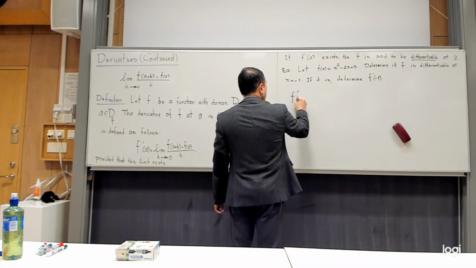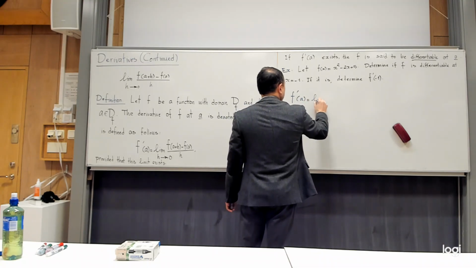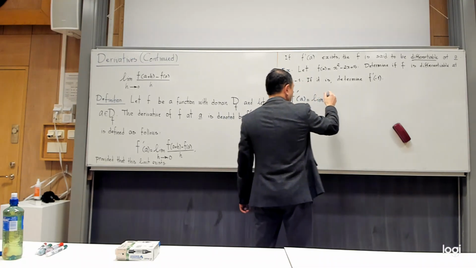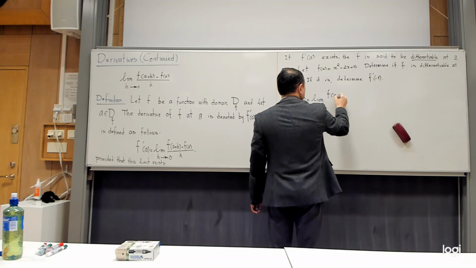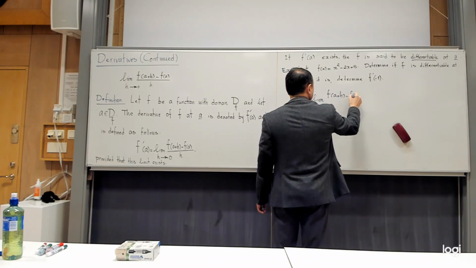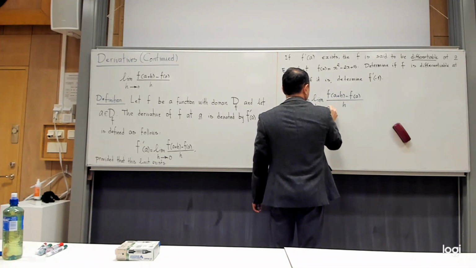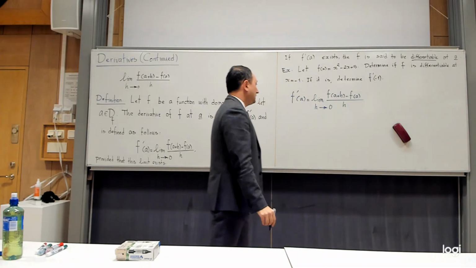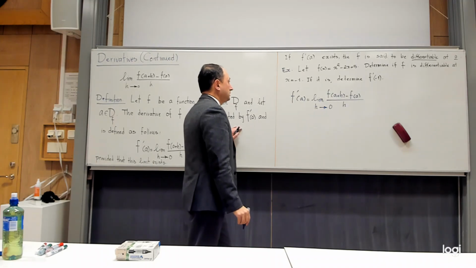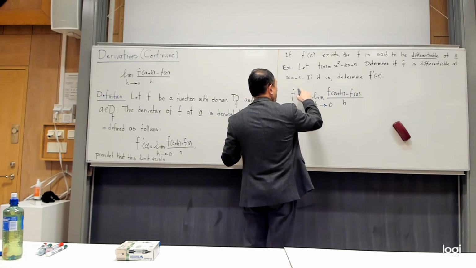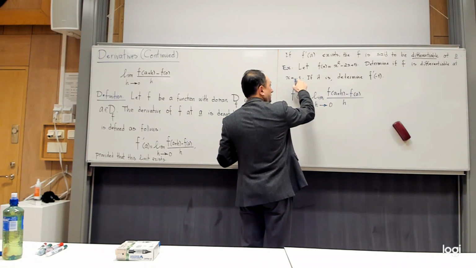I hope that you memorize that, respecting the soul of Newton and Leibniz. So we have this divided by h, as h goes to 0. This is the definition of my derivative. Instead of a, I have to put -1 in this problem.